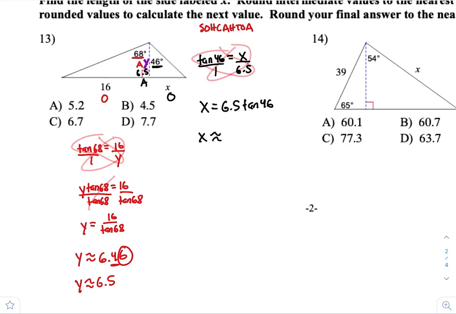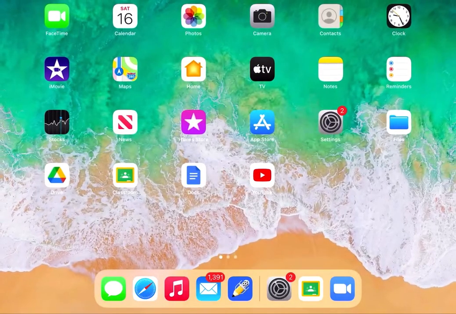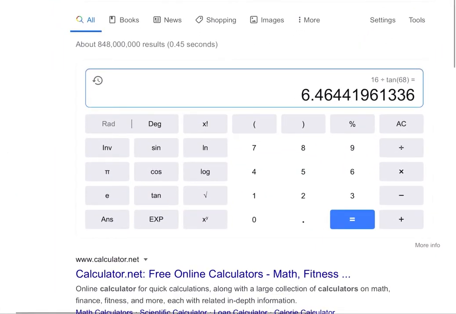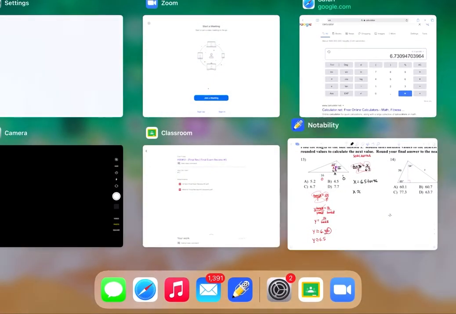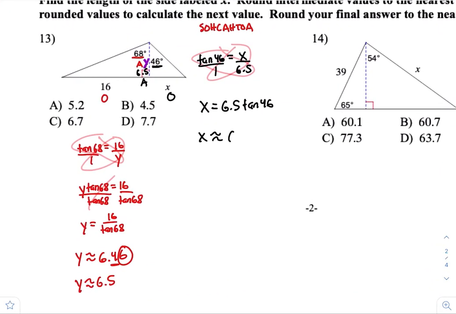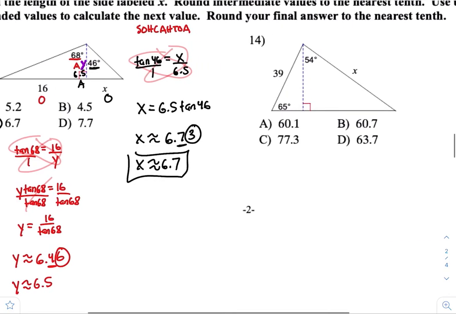So x is roughly 6.5 times tan of 46, 6.73. Round it to the nearest tenth, so this 3 tells us to stay, so x is roughly 6.7, which is C. Whew, big problem.